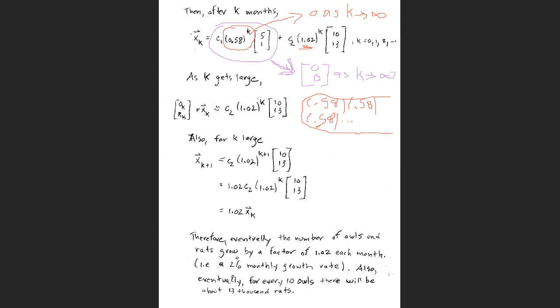But what do we have to worry about in terms of terms disappearing? What eigenvalues, we have a two by two matrix, under what conditions would the population of owls and rats go to extinction?